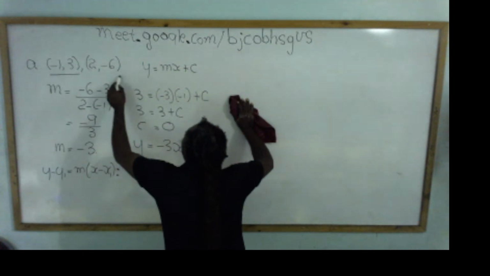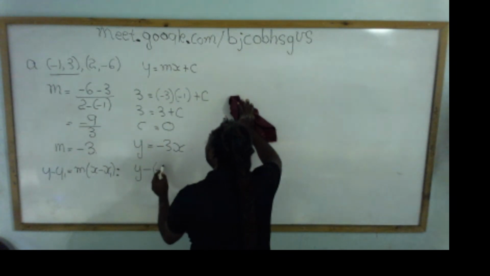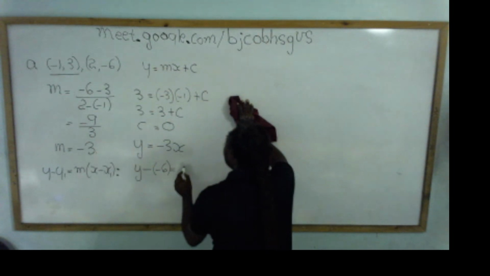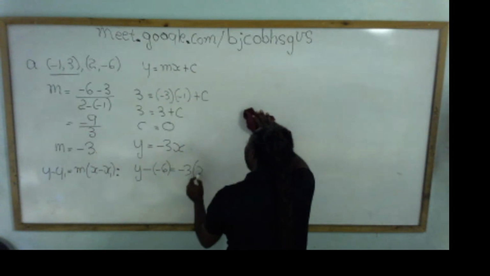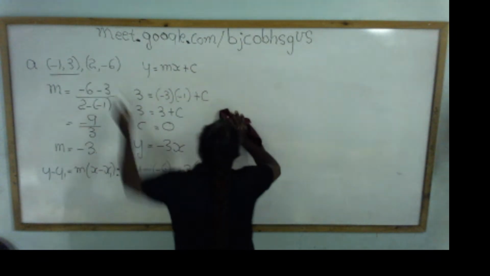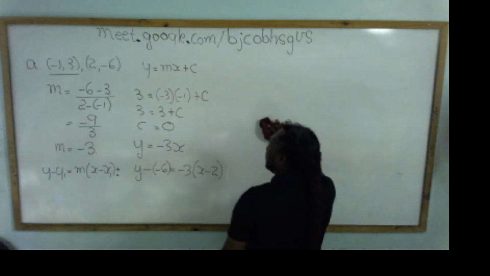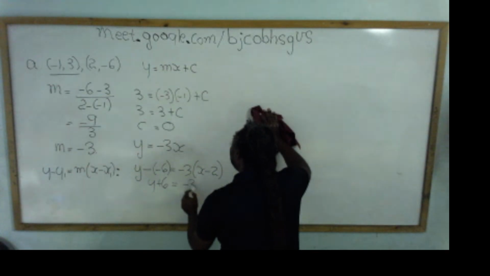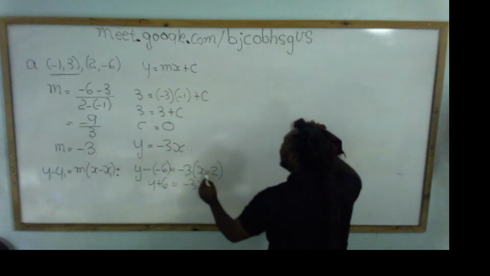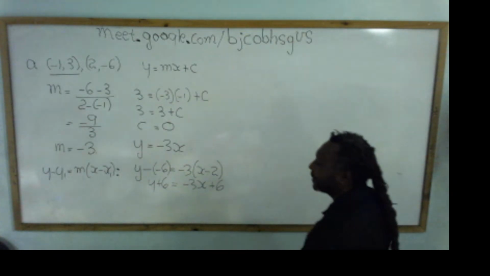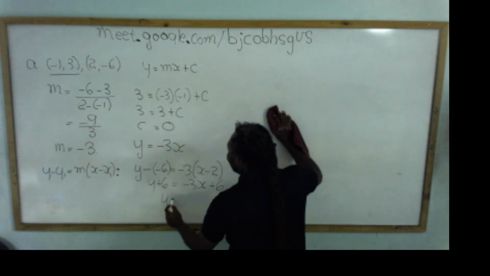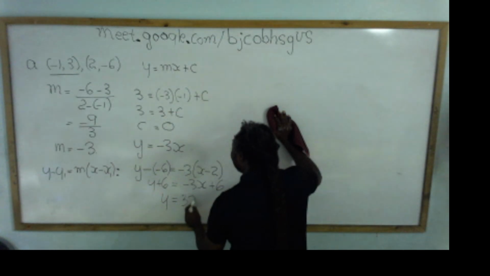We are using this point now. y minus the value of y is equal to gradient times x minus the value of x, which is 2. So what do we say? y plus 6 is equal to negative 3x. Negative times negative is positive, and 3 times 2 is 6. If we minus 6 from both sides, we'll end up with y is equal to 3x as before.